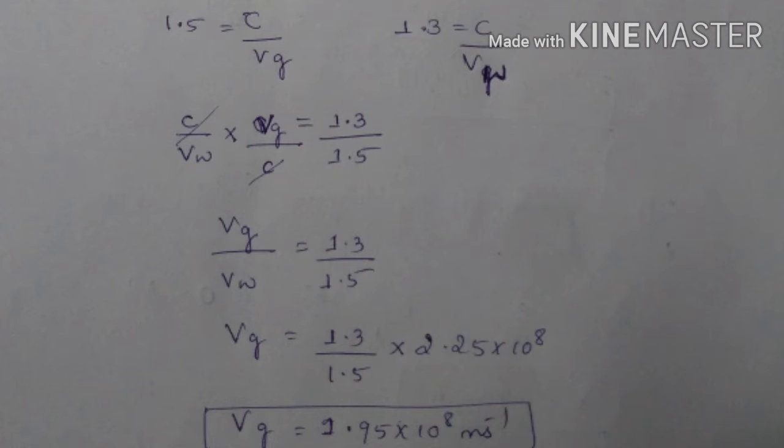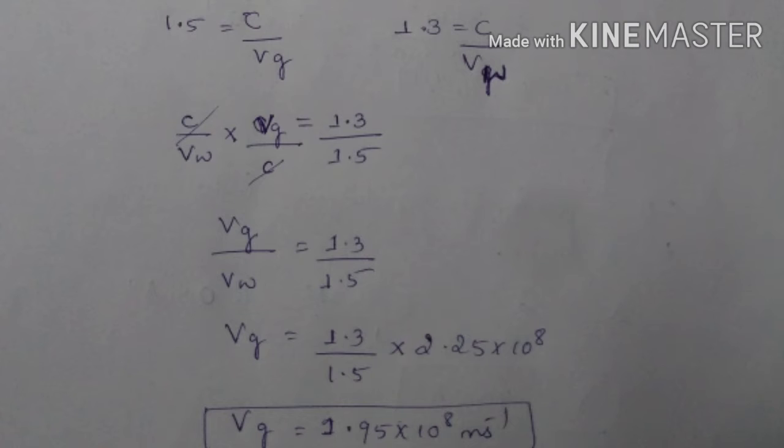Now if you take the ratio of Nw by Ng, then you will get 1.3 divided by 1.5, which is equal to C by Vw multiplied by Vg by C. Here the two terms C and C get cancelled because one is in the numerator and another one is in the denominator. So what is left is Vg divided by Vw, which is equal to 1.3 divided by 1.5.